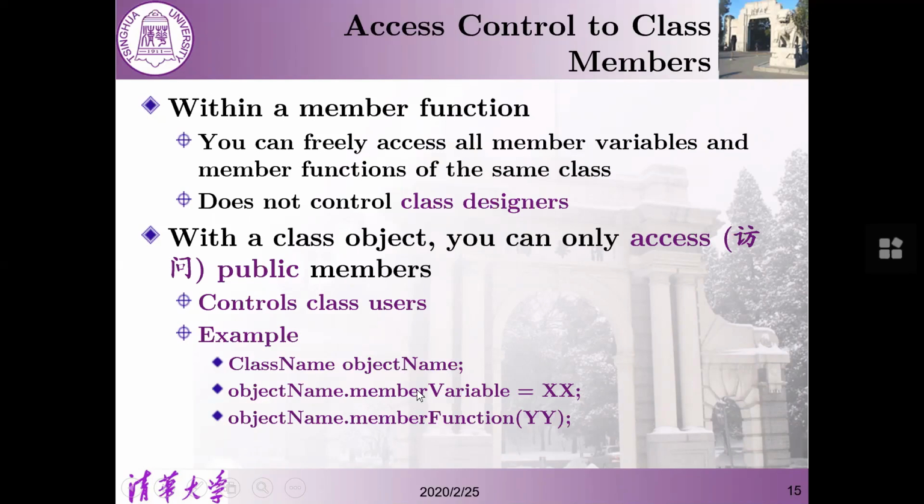Otherwise, you cannot access those members. So access control is to control class users, and this is key. Remember that. If you are defining a member function, then no worry about the access control of the same class.